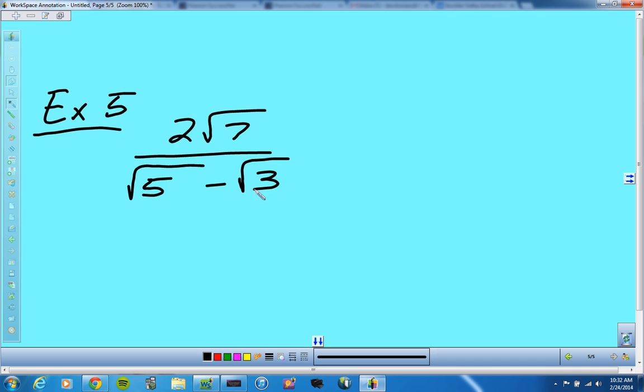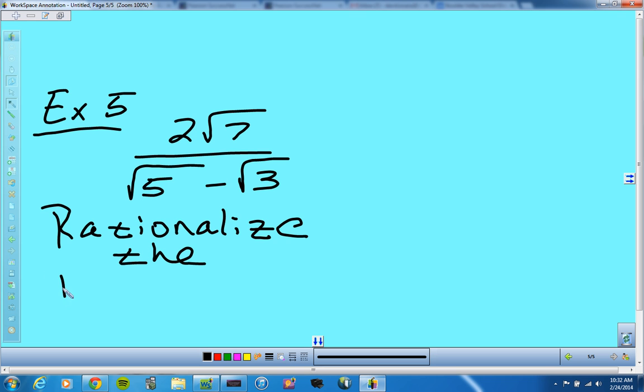So essentially what we're doing here is rationalizing the denominator. And to rationalize this denominator, we got to multiply by the conjugate.